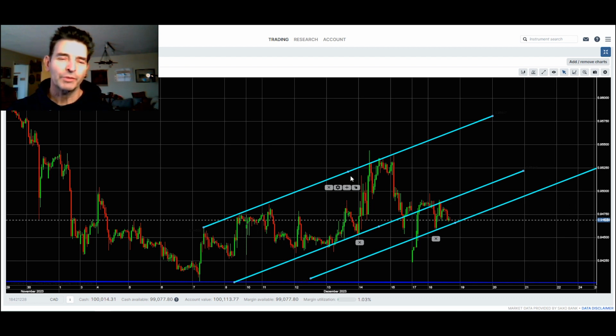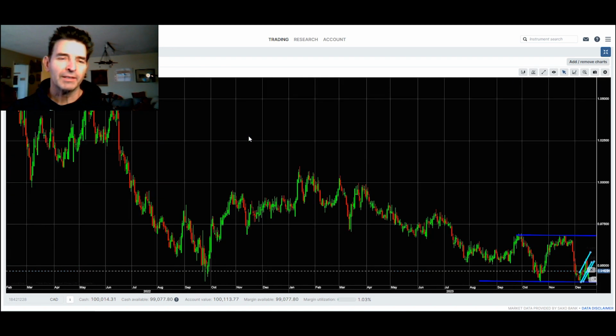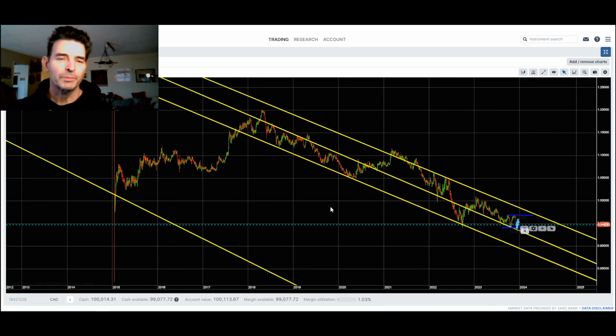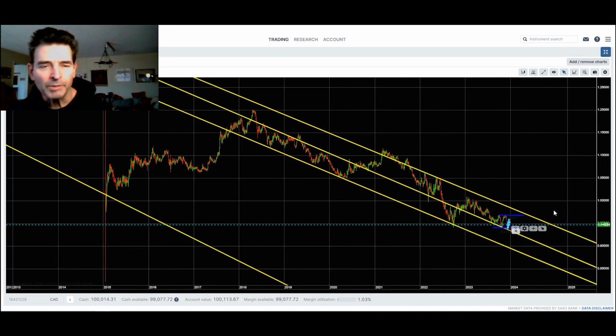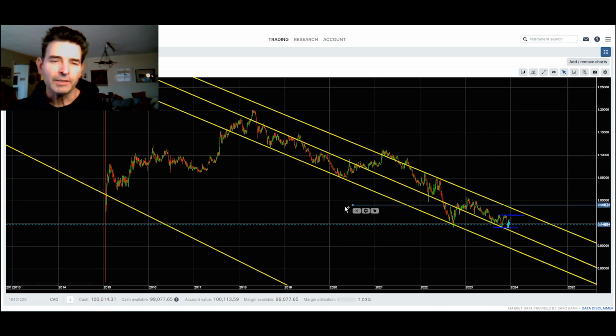We'll go back to the wave 2 for the buy. Let's go back to our 1-day chart, and we'll set our buy and stop, our stop limit options here. So horizontal line, let's start with our buy.